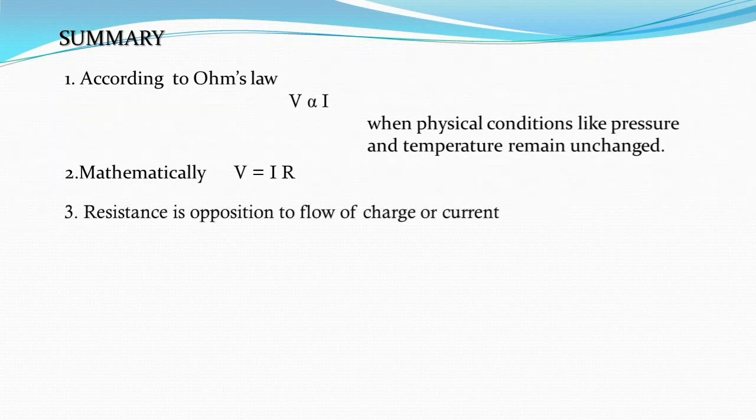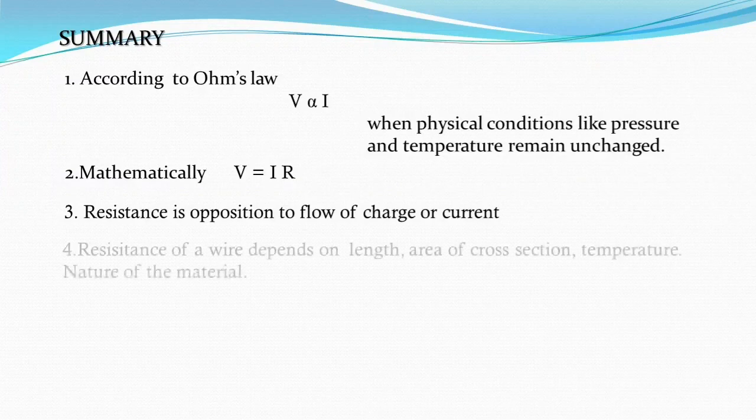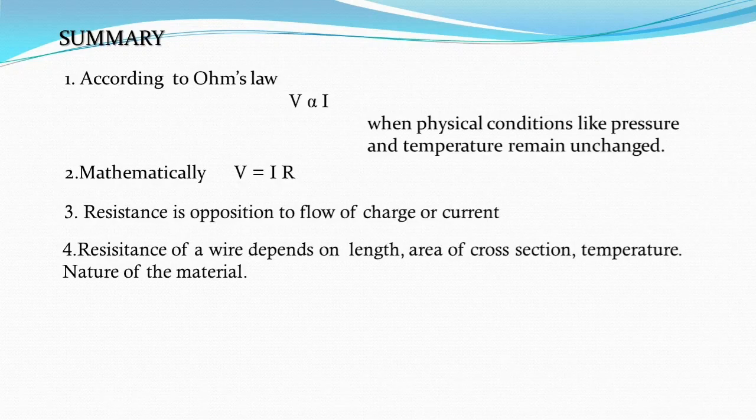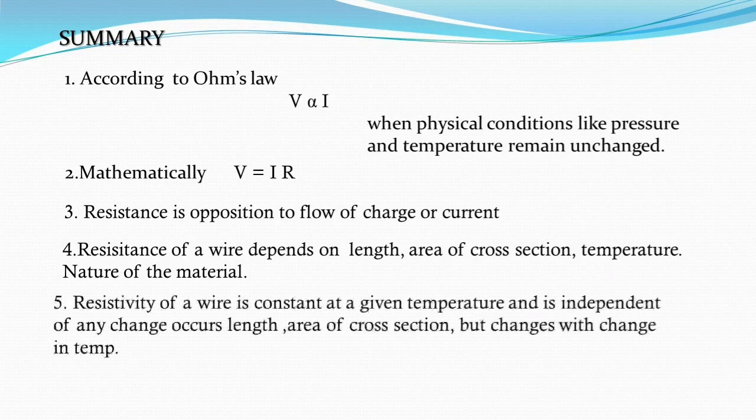Resistance is opposition to the flow of charge or current inside a conductor. Resistance of a wire depends on length, area of cross section, temperature and nature of material. Resistivity of a wire is constant at a given temperature and is independent of any change in length or area of cross section, but it changes with change in temperature.